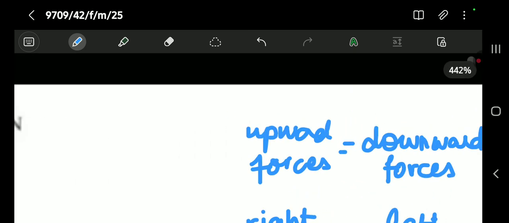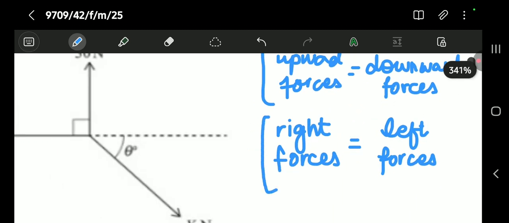So these are the two conditions for the equilibrium of forces.